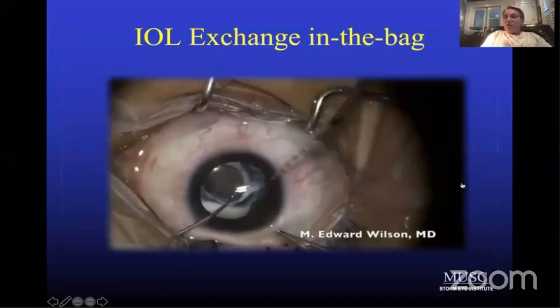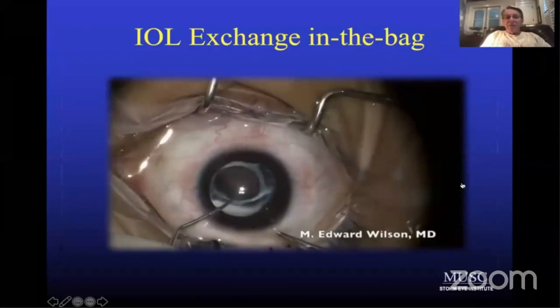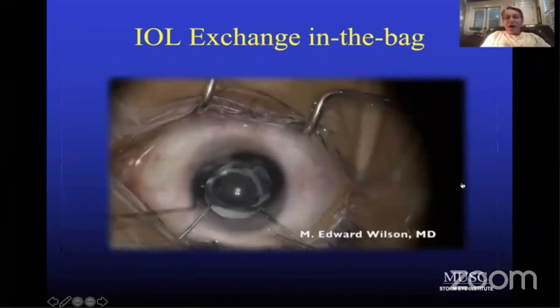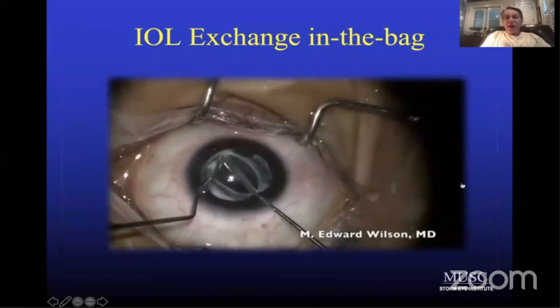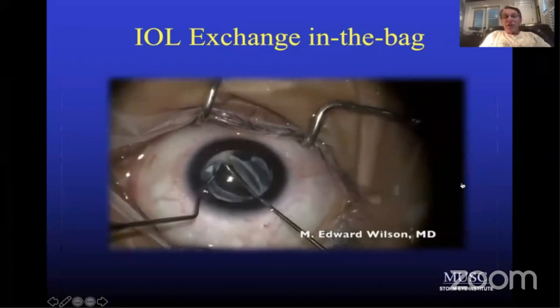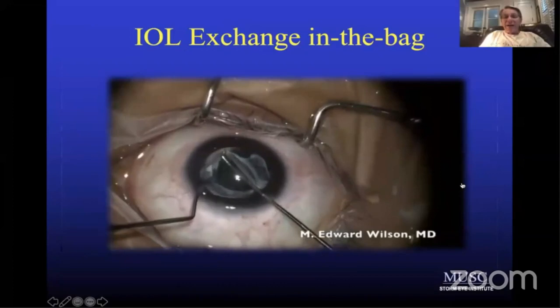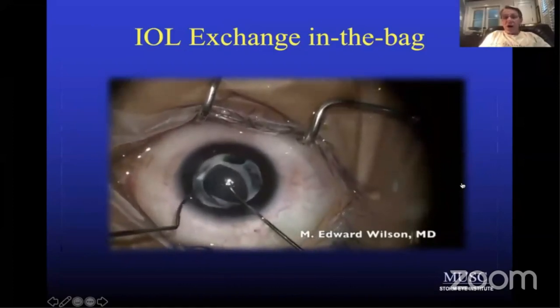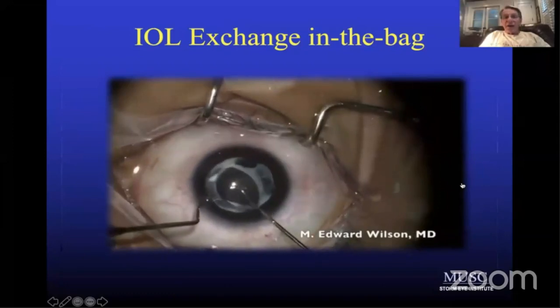There's a lot of fibrosis in these kids, but preserving the capsular bag is paramount. I remove these lenses out of the capsular bag, and in this case, I was able to place the new lens back into the maintained but somewhat fibrotic capsular bag.